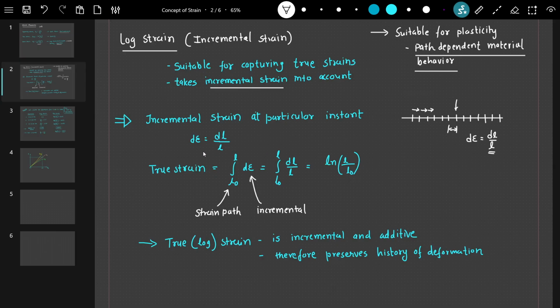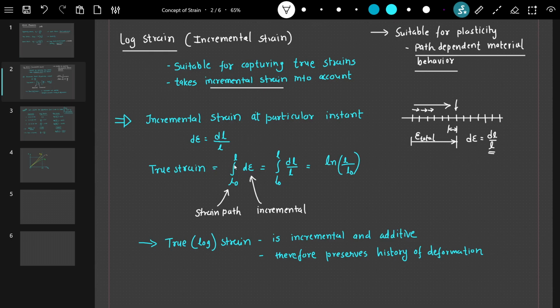So this is an incremental strain, and from the start to the current, this is the total strain, epsilon total, the true strain, which as we said is derived by taking incremental strain into account. So the total strain will be the addition of all these incremental strains over this path.